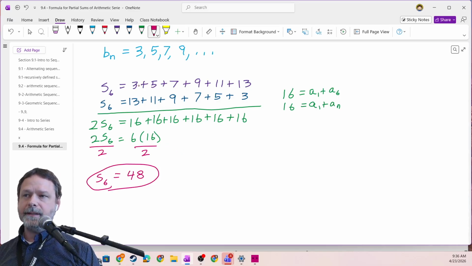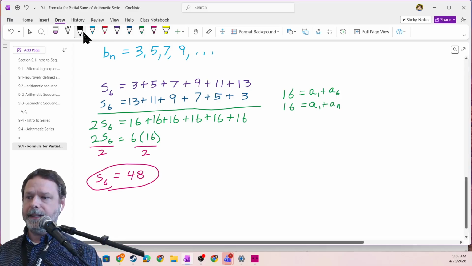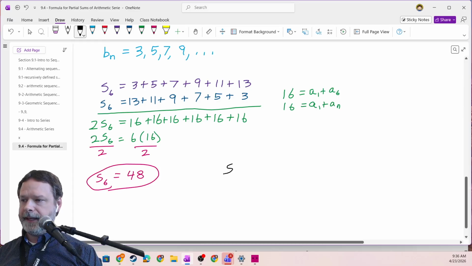So what is the pattern? Now, if we're going to guess what our pattern is, I think I got a formula here. It's looking like there is a pattern. What would that pattern be? What would S sub n be?